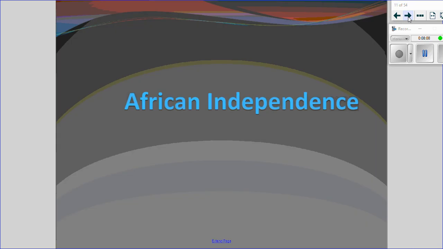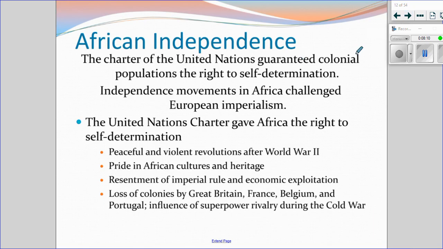Okay, let's look at African independence. So the UN Charter guaranteed colonial populations the right to self-determination. Remember that term. And independence movements in Africa challenged European imperialism. The UN Charter gave Africa the right to self-determination, which they really should have had a long time ago. So there were both peaceful and violent revolutions after World War II.